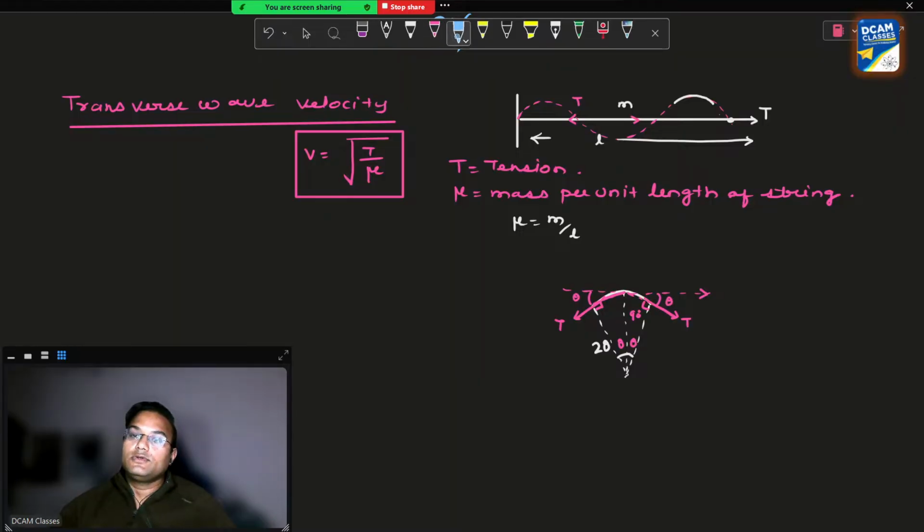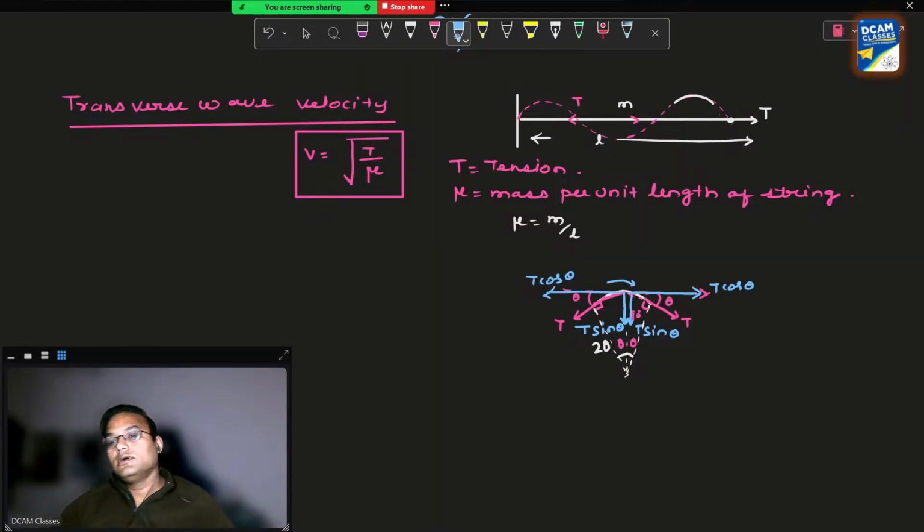Here the force in this direction will be T cos theta. Here also it will be T cos theta. The force downwards will act as T sin theta due to this part, and again T sin theta due to this part. But it is doing circular motion.